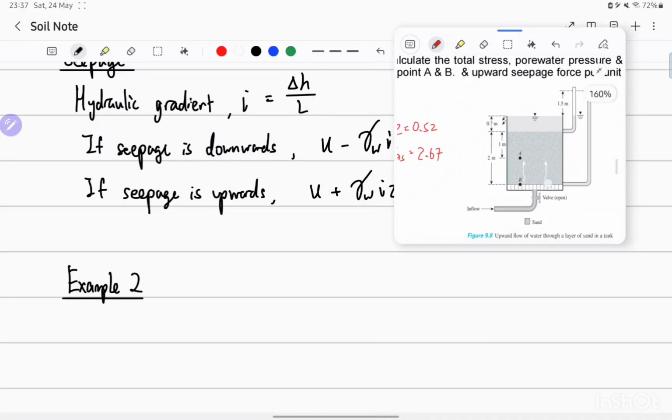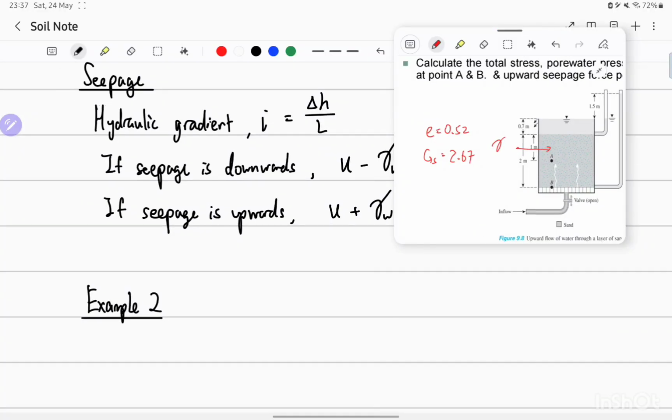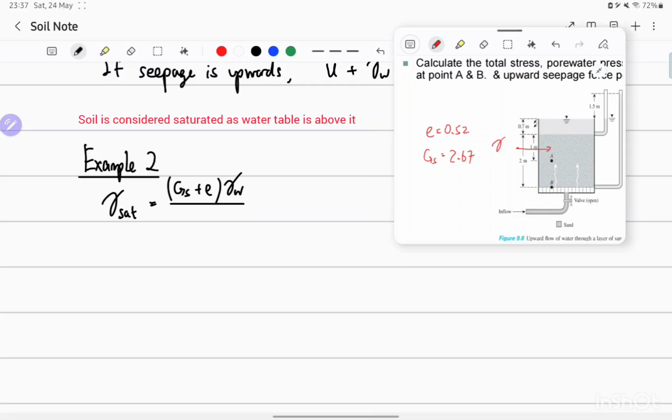So we have water on top, and we need to find the unit weight of the soil. With this information, we can find the saturated unit weight with the formula (Gs plus e) times unit weight of water over 1 plus e.